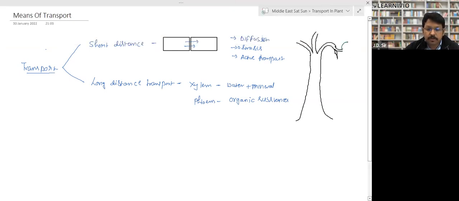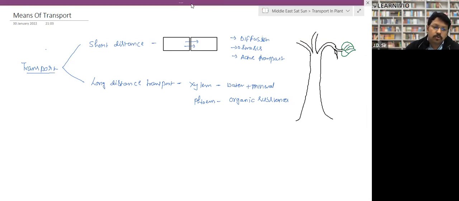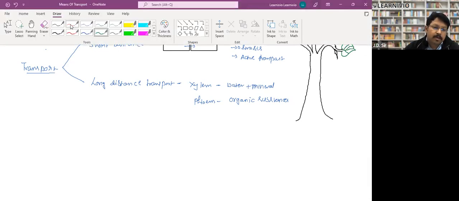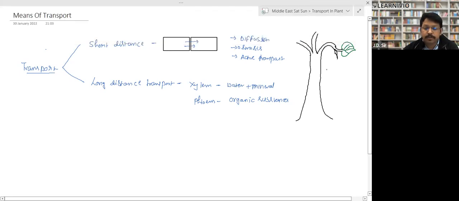In this tree, for the sake of example, this is a leaf. So now what happened? There are certain kinds of tubes, certain kinds of pipes. These are the xylem. Leaves cannot directly take the water and minerals, so these are the pipelines which transport them. They transport the water and minerals.